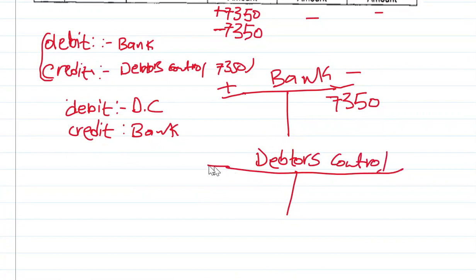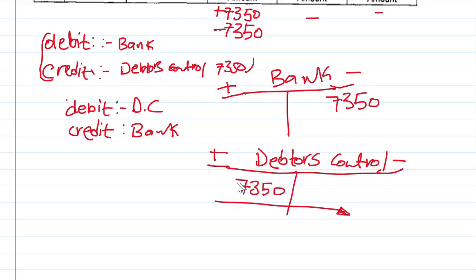So what are we saying? We are saying debit debtors control by 73.50. So we are done there.